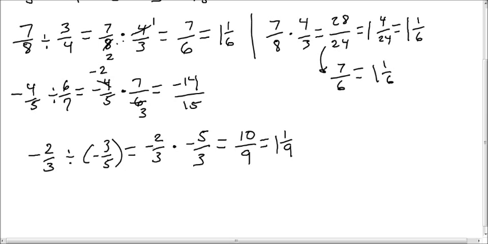We rewrite the negative 2/3, but take the multiplicative inverse of the negative 3 over 5, which becomes a negative 5 over 3, and we cannot simplify prior to multiplying. So negative 2 times negative 5: 2 times 5 is 10, a negative times a negative is a positive, and 3 times 3 is 9. This is an improper fraction, so we must simplify it to 1 and 1/9.